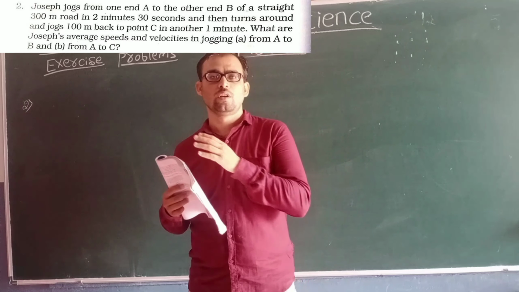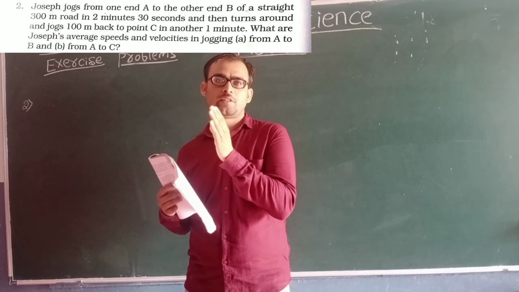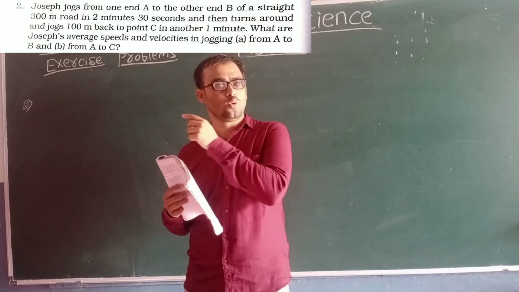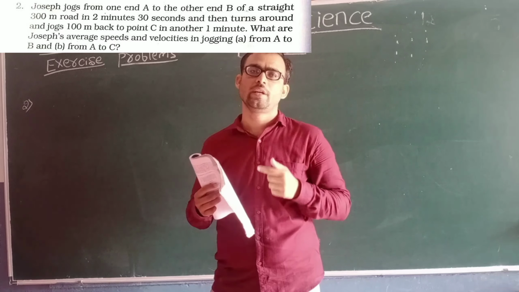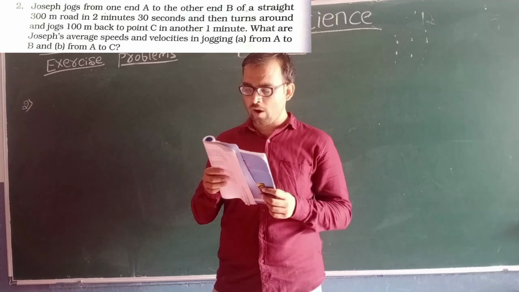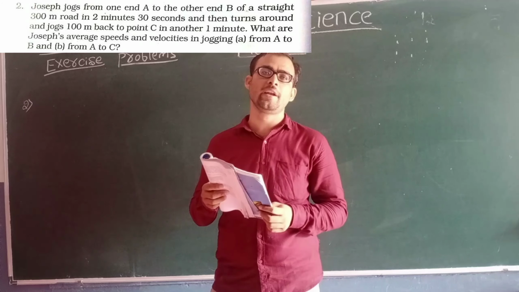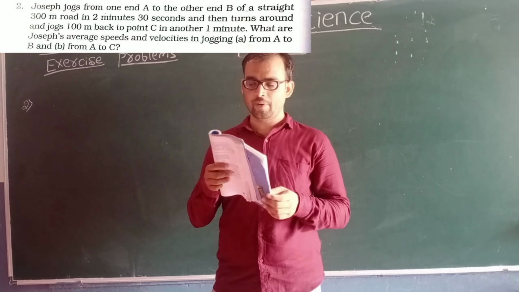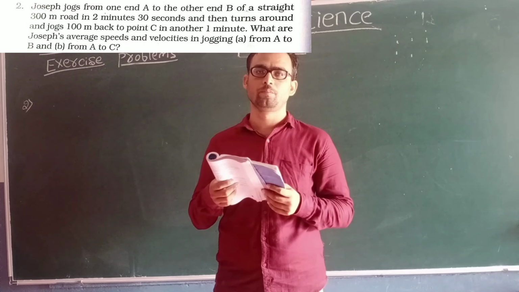Again, after reaching point B, he jogs back a distance of 100 meters, and for that he has taken 1 minute. So what we need to find is Joseph's average speed and velocity from A to B and from A to C.